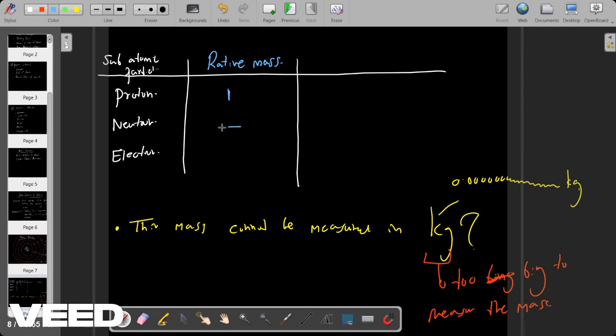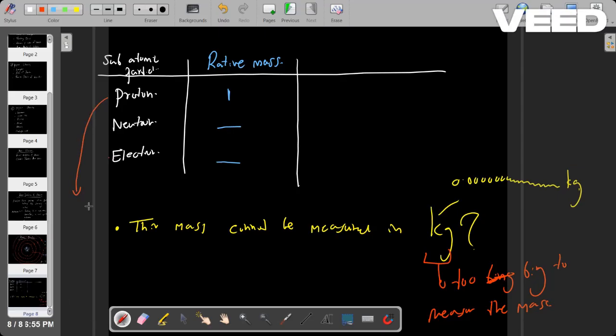And then they measured the mass of an electron. I will not tell you. They found that if you take a proton and you divide it into 2000 parts, the mass of this one part is equal to the mass of an electron.